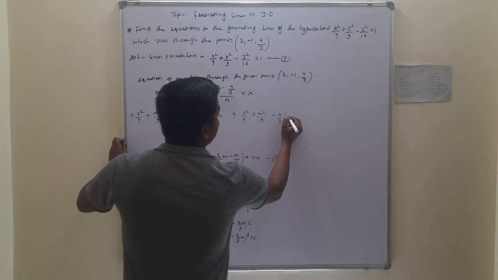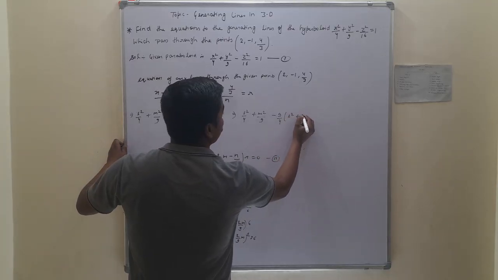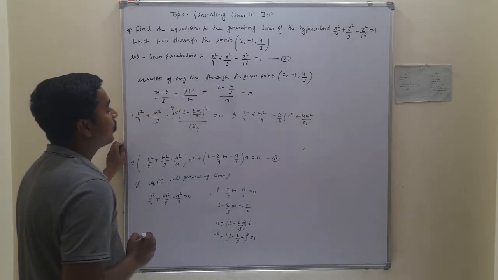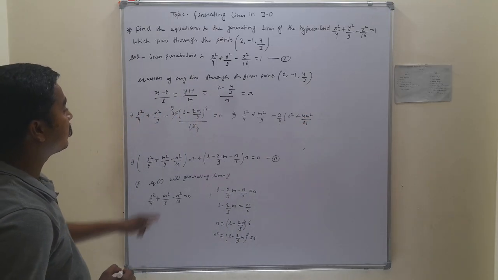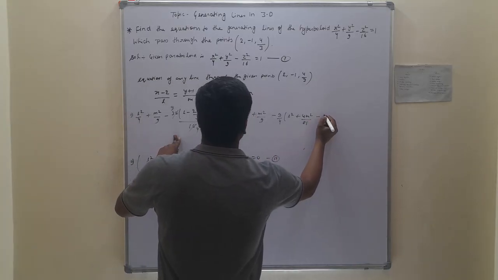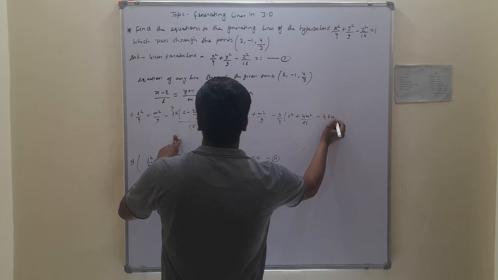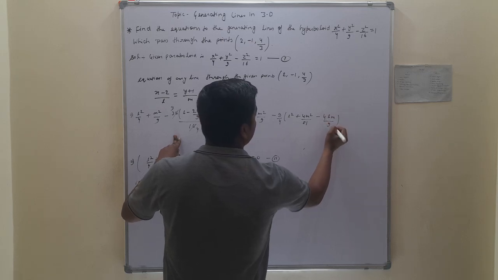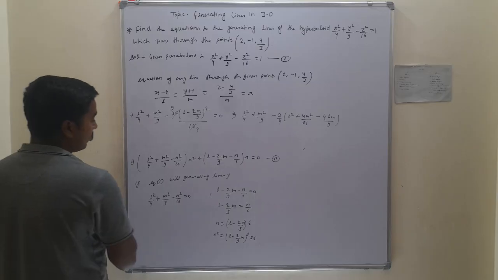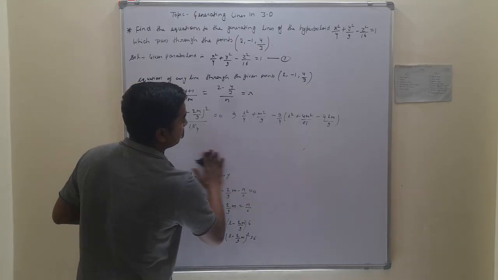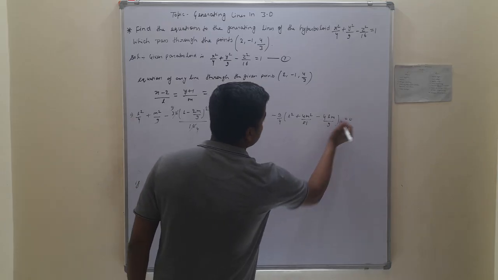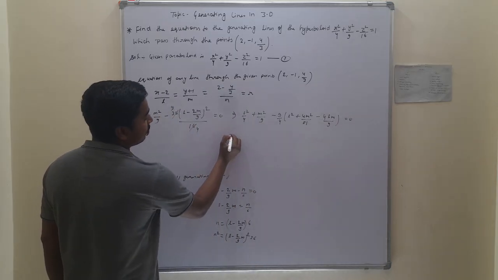We get l square plus 4m square upon 81, and minus 4 lm upon 9, and further we can also solve. And this is equal to 0.